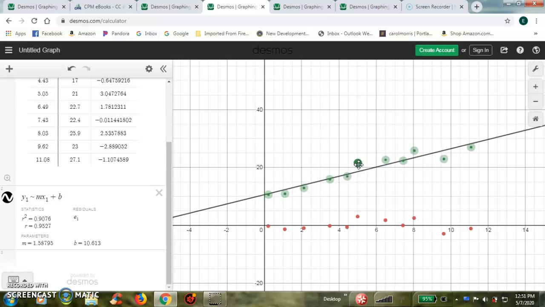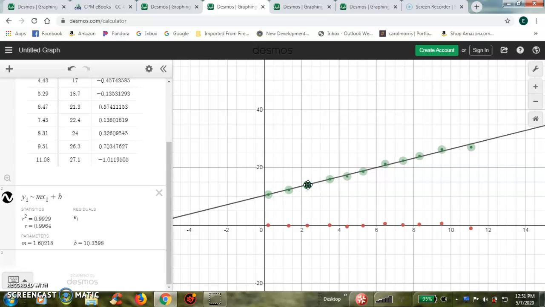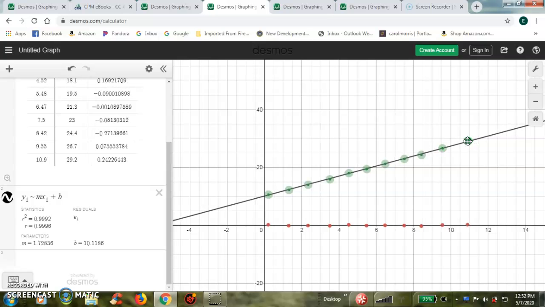I'm trying to pull things onto the line the best I can here. All right, the closer I get to getting everything on the same line, what happens to the correlation coefficient? It's getting higher and higher and higher.